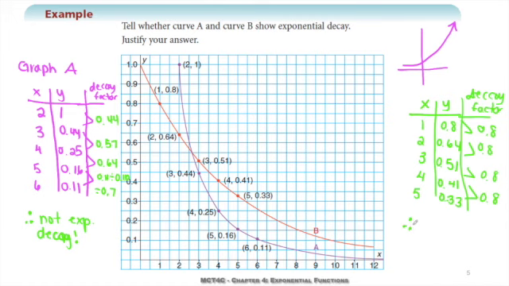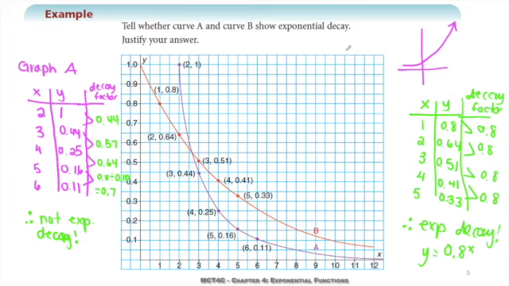So therefore, it is exponential decay, because it is the same decay factor of 0.8. So you'd actually write your formula as 0.8 to the exponent x. Especially because it goes through that one, so we know we haven't actually moved our graph up or down. Okay. Any questions? Hopefully not. That's just an example of how you would prove if something is exponential decay or not.